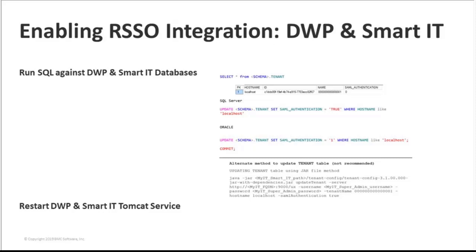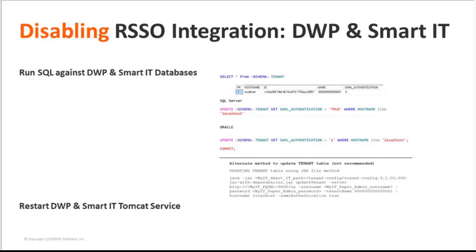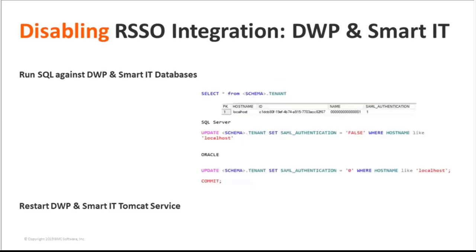Only in case of Oracle, after firing the update query, don't forget to fire the commit statement, or else the changes will not be committed to the database table. And after you do this, you restart the DWP Smart IT Tomcat service, and that should take care of the integration. You will see the RSSO authentication happening using the login page or any other authentication that you've set up.